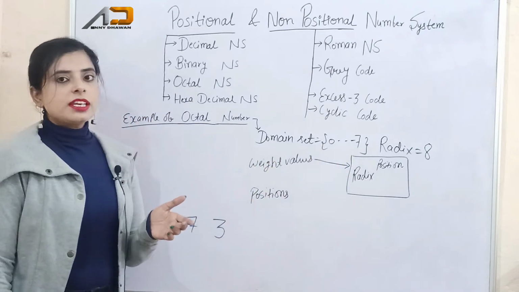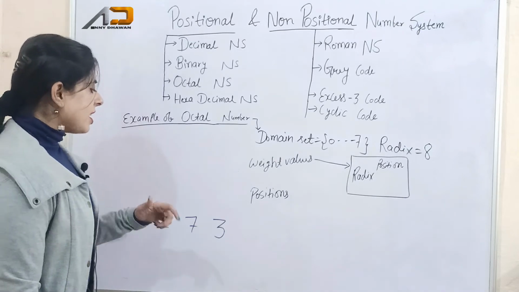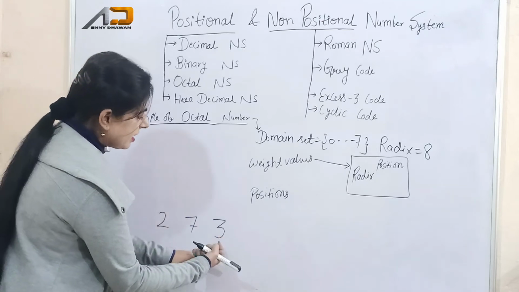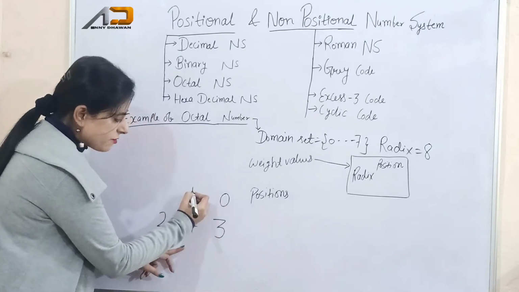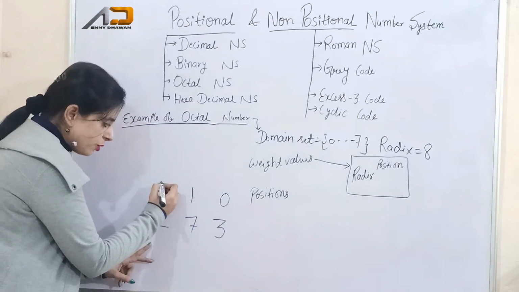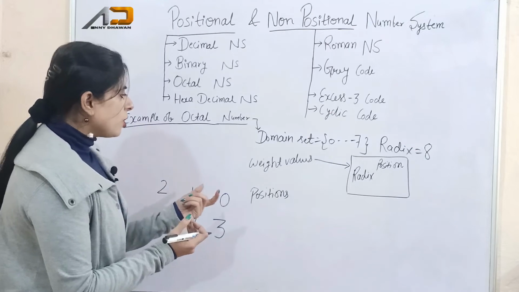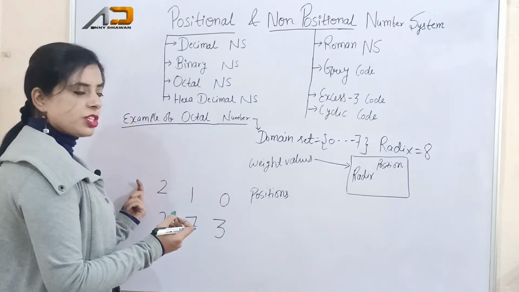And now follow the same process that I just explained. That is, write the position of each of the digits. That is, the position of 3 is 0, the position of 7 is 1 and the position of 2 is 2.